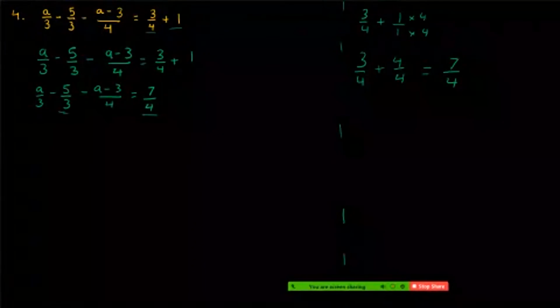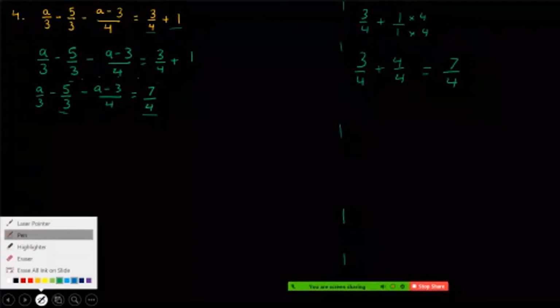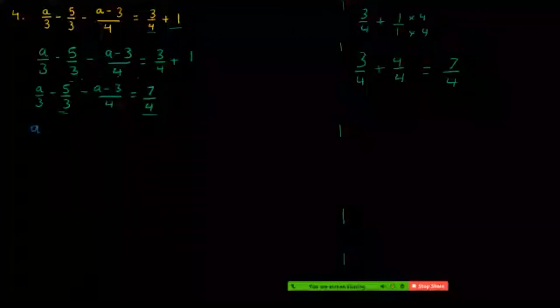So what I'll do is put this 5 upon 3 over to the right-hand side. And when we do that, the negative sign right behind the 5 upon 3 will turn into a positive. So let's rewrite this equation, but probably in a different color. a upon 3 minus a minus 3 upon 4 is equal to 7 upon 4 plus 5 upon 3.